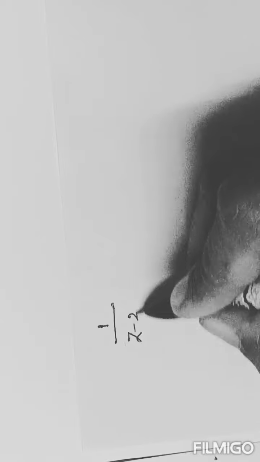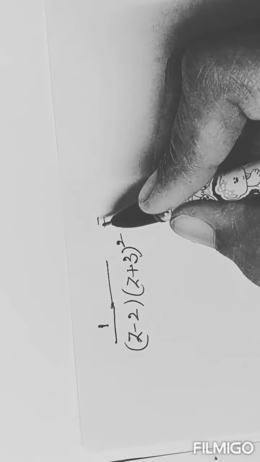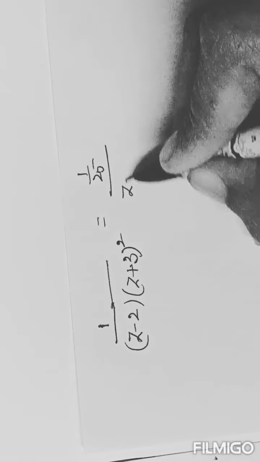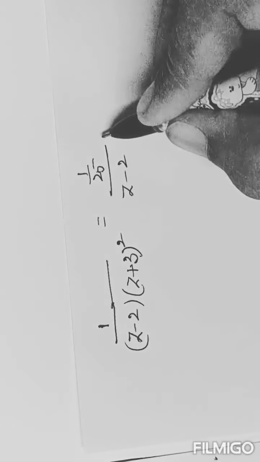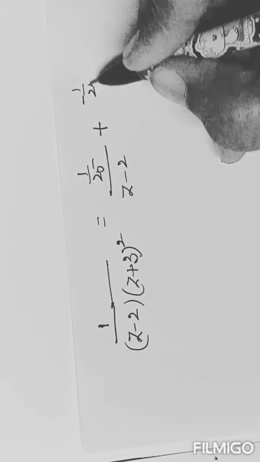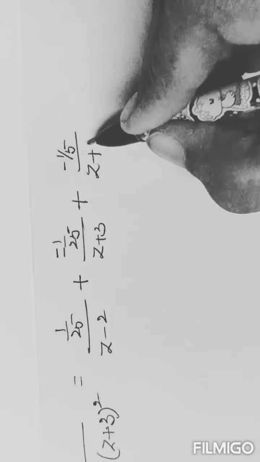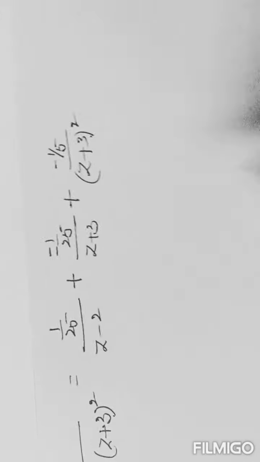Now totally, 1 by (z minus 2)(z plus 3) whole square equals A, which is 1 by 25 by (z minus 2), plus B, which is minus 1 by 25 by (z plus 3), plus minus 1 by 5 by (z plus 3) whole square.